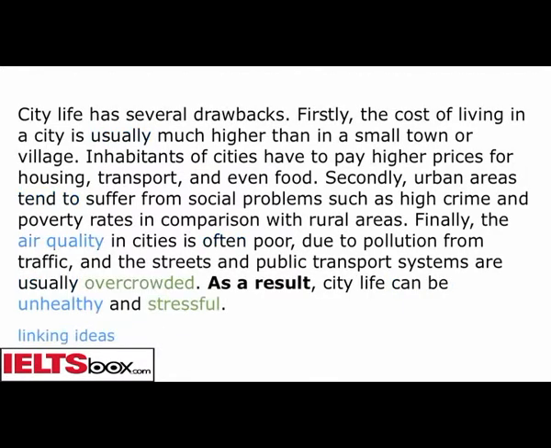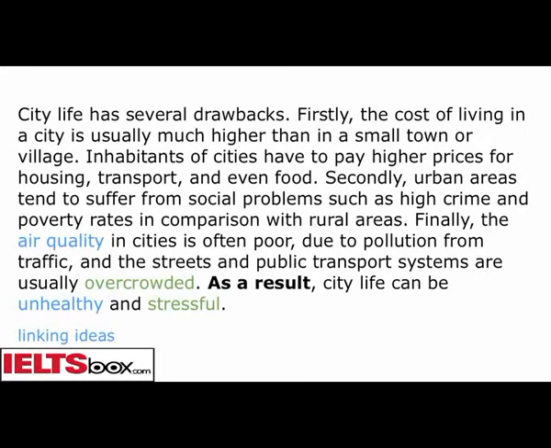Finally, here's an example of some very good linking between ideas in 2 sentences. I'm saying that the air quality makes cities unhealthy, and the overcrowded streets and transport systems make cities stressful.